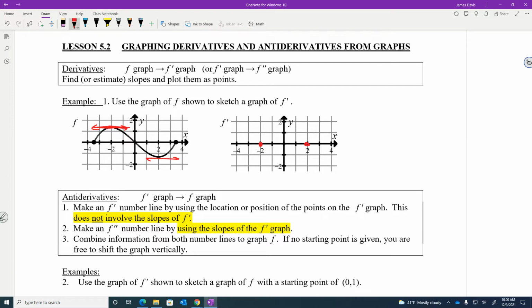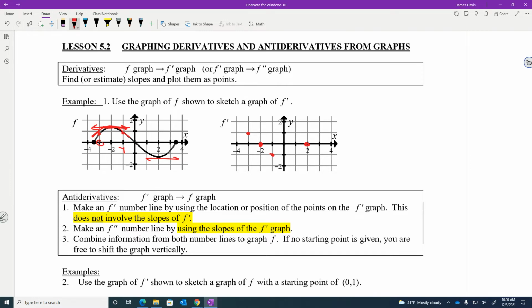And then basically we're going to estimate the slopes at some points, and then plot those as points. Okay. So let's say here, -3. Right here, we're going to have to estimate the slope. That looks like it could be about 1 or so, right? All right. So then what we'll do is (-3, 1), dot. It looks like we're at -1 slope here. It's about -1, right? So then at -1 we'll go down to -1.